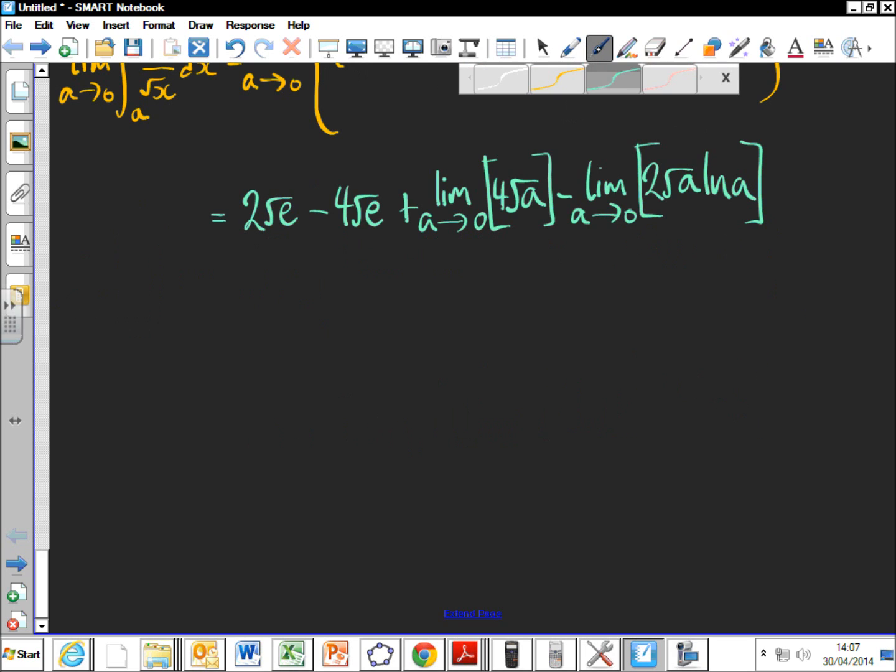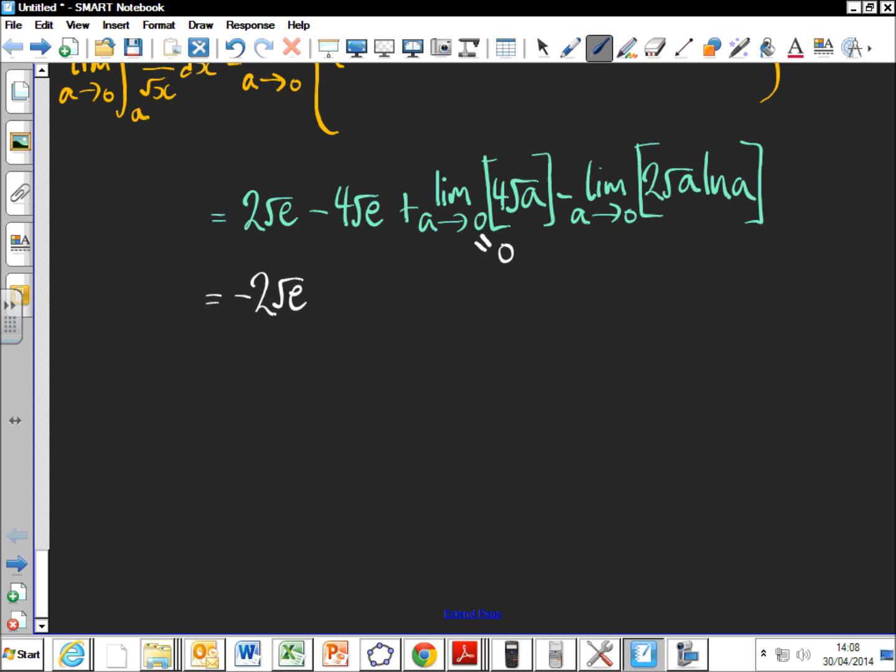So we're almost there, I think. 2 root e take away 4 root e is negative 2 root e. When a goes to 0, what happens to 4 root a? 0. So this thing equals 0, yeah?